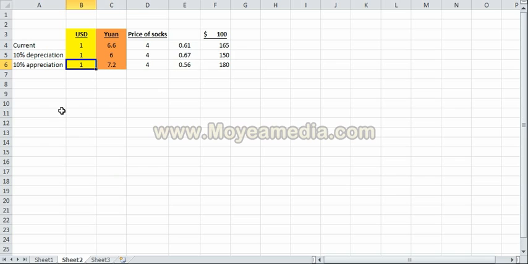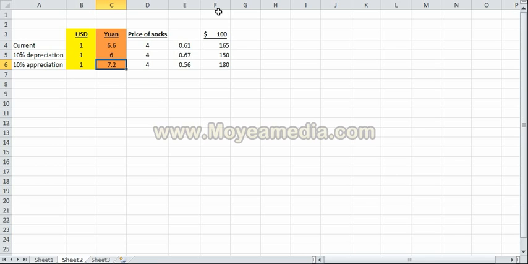In this example, there's a 10% appreciation, meaning that the one US dollar would purchase 10% more yuan. And on the flip side, looking at it from the Chinese currency point of view, there is a depreciation. So whenever one currency appreciates versus another nation's currency, that nation's currency depreciates, and vice versa.